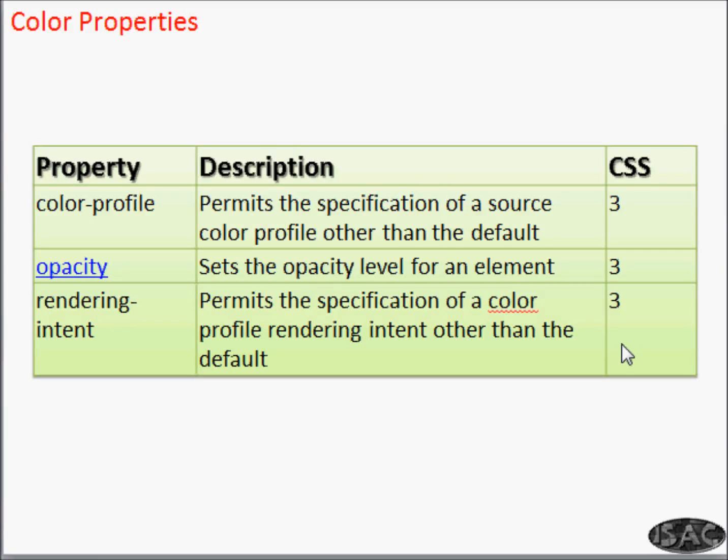Let us understand the next property in CSS3. We have the color property here, and in the color property you can notice there are some properties like color profile, opacity and rendering intent, right? Here we'll just take opacity.